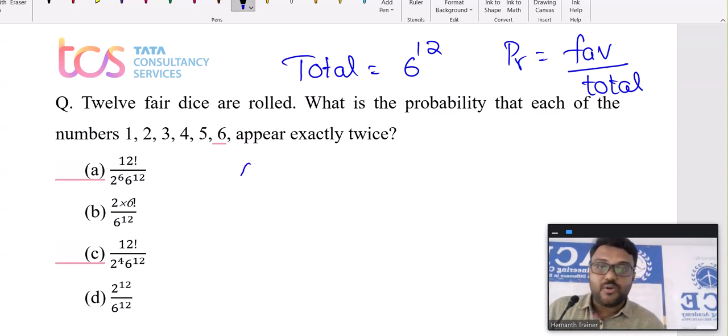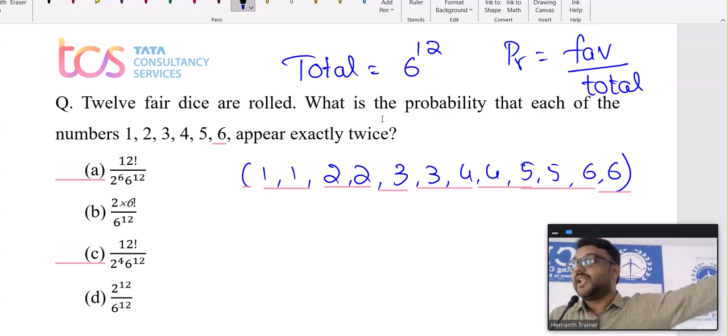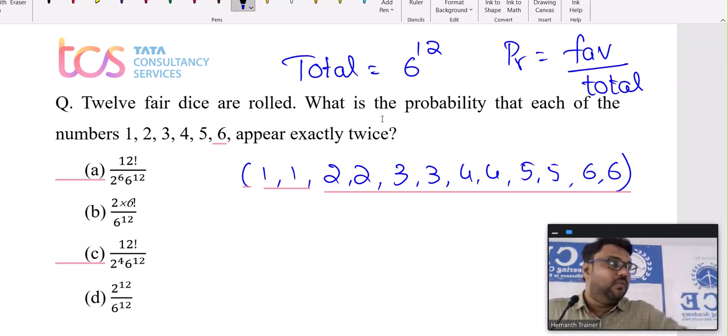So among 12 results, they want everything repeated twice: 1, 1, 2, 2, 3, 3, 4, 4, 5, 5, 6, 6. But not in the same order. One can come first, the other one can come in the middle or last. It should not be exactly 1, 1, 2, 2 and so on. One here, the other one somewhere. I can start with 2 also. But they want two twos, two ones, two fives like that.